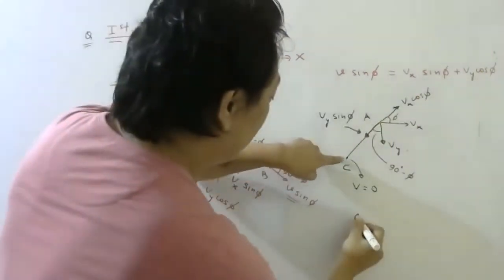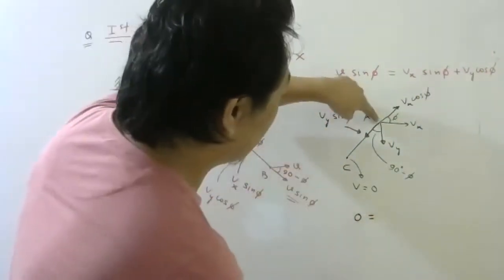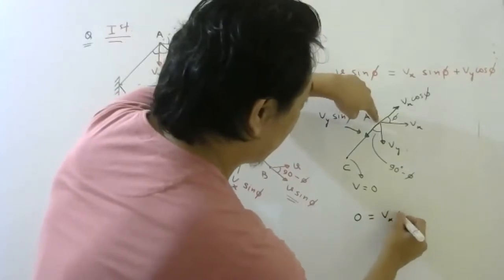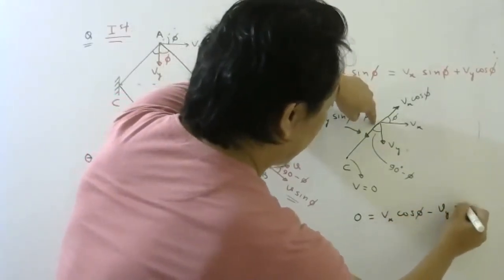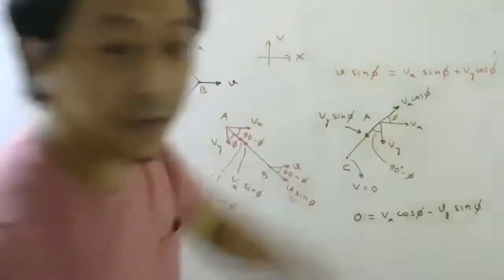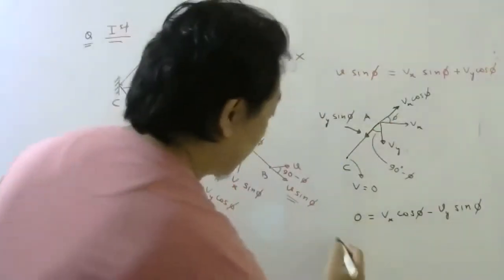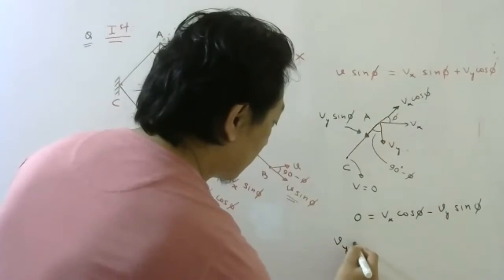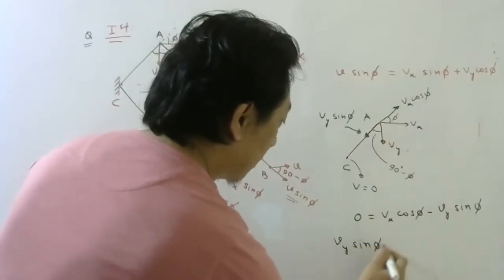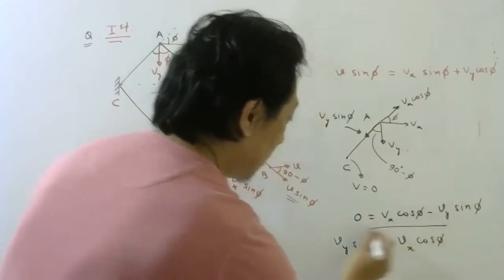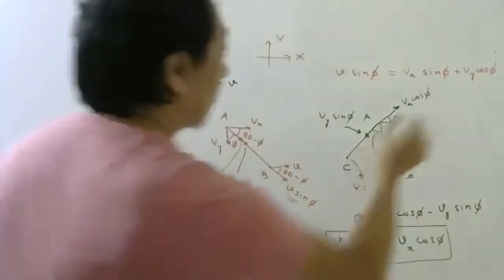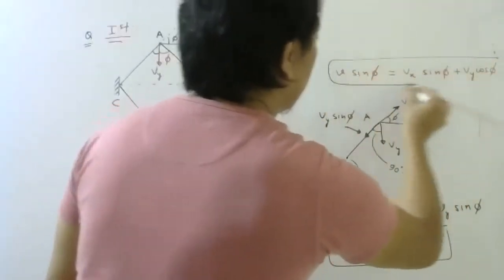So velocity of this point should be equal to velocity of this point, which is vx cos phi minus vy sin phi. Correct now? So if I bring it this side, I will get vy sin phi equal to vx cos phi. So you see, you have two equations which you can easily solve.